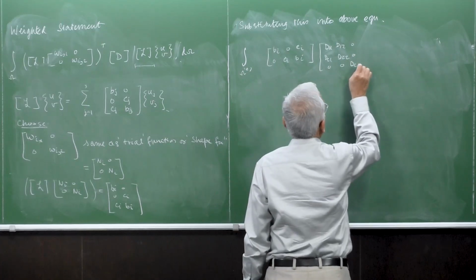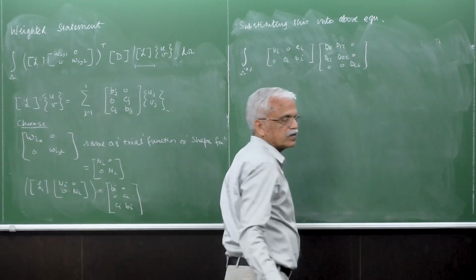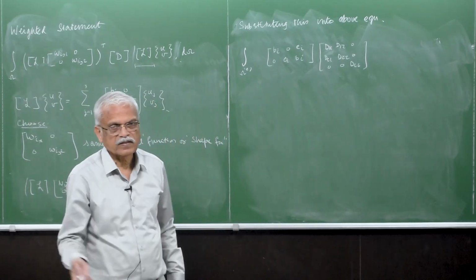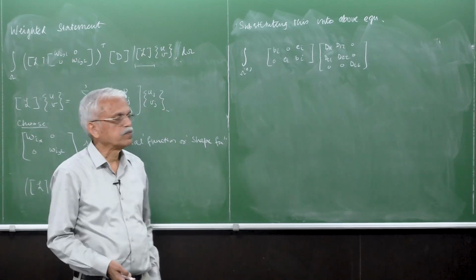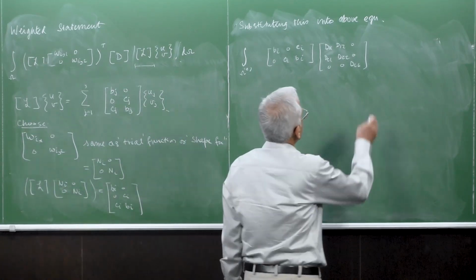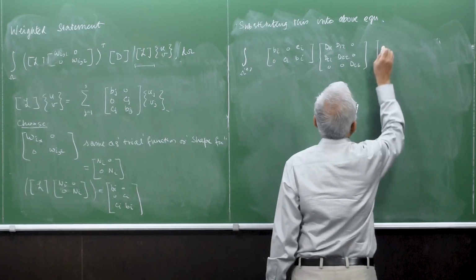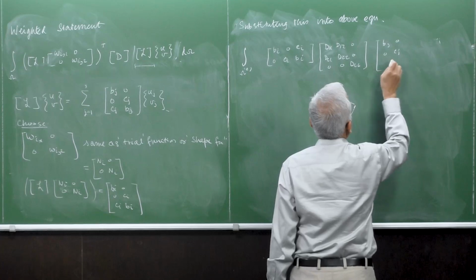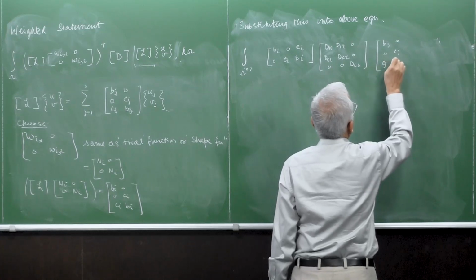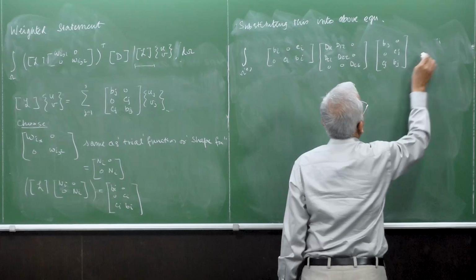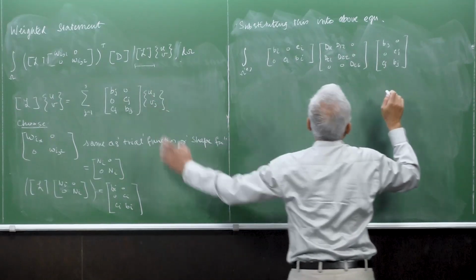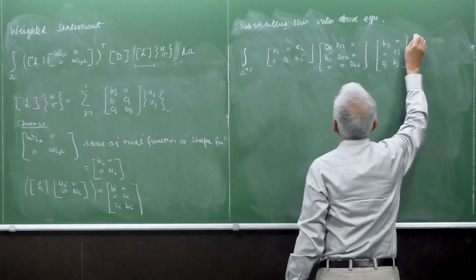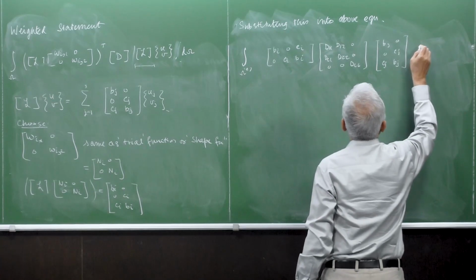Usually we write it as D66, could be D33, but since it corresponds to tau xy, it should more precisely be written as D66. And this multiplies Cj, and this is the general term.